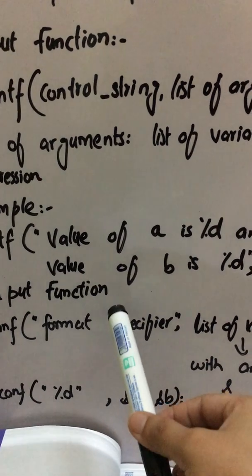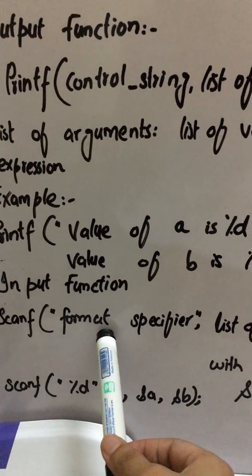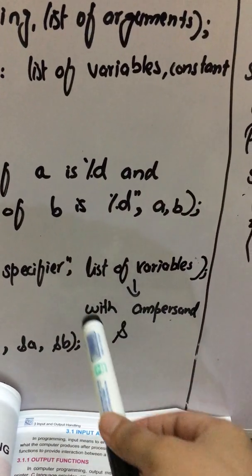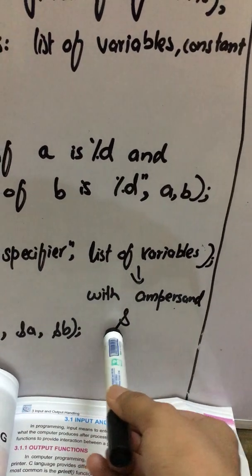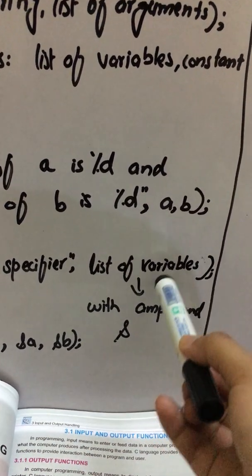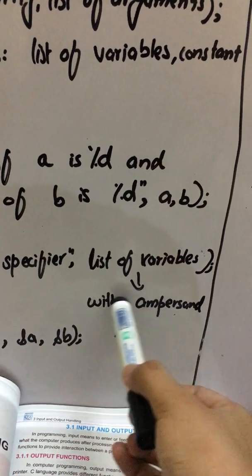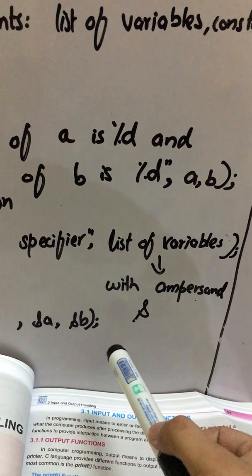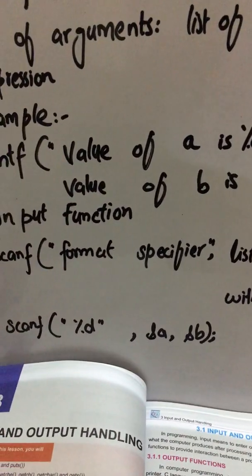Then you have the input function. In the input function you again have two things. You have to write the format specifier with the list of variables. Your list of variables comes with the ampersand sign. Ampersand sign is this one. This resembles the and sign written in English. And you have to write the format specifier.